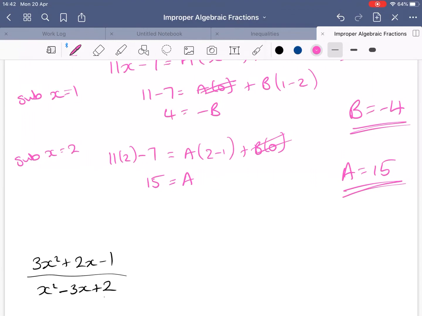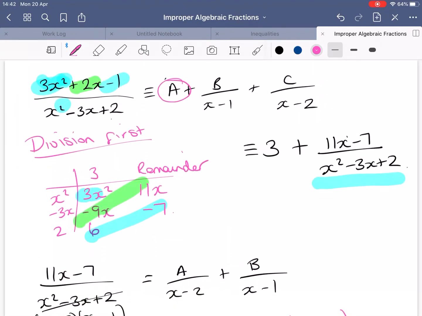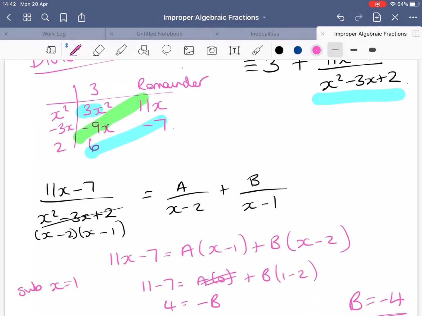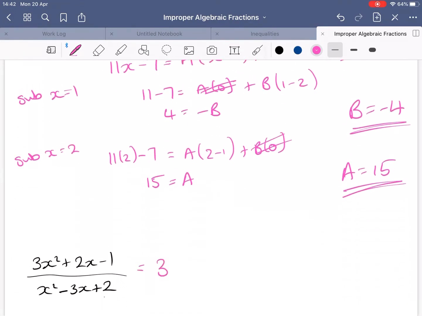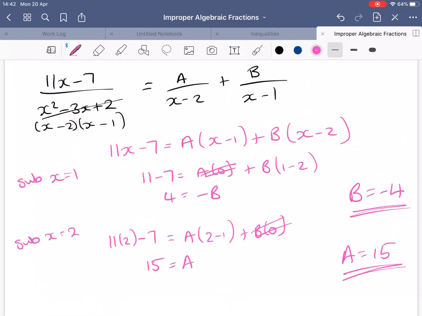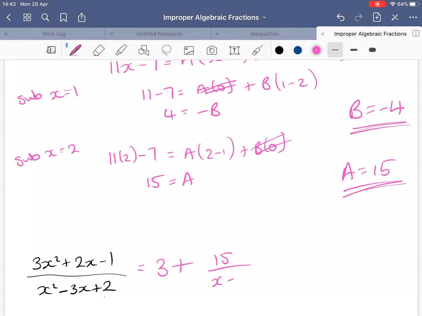So my final answer to my original question, which is up here, is 3 plus 15 over x minus 2 minus 4 over x minus 1. Okay.